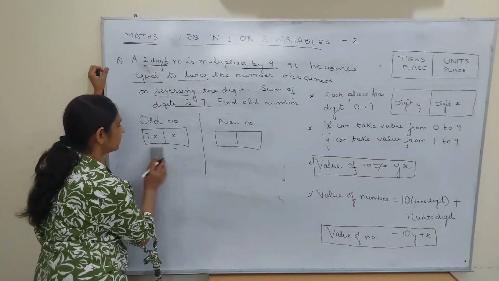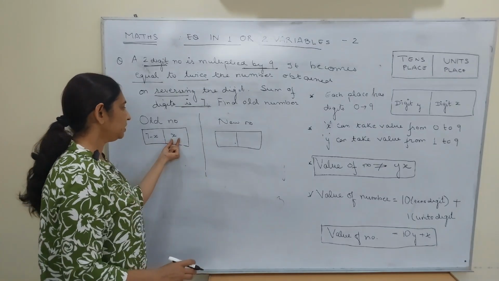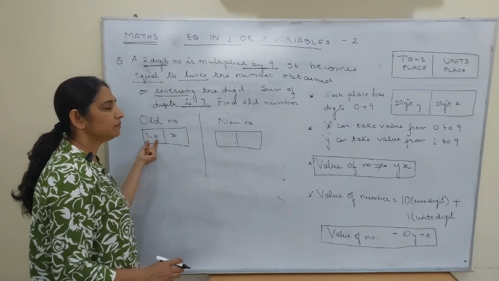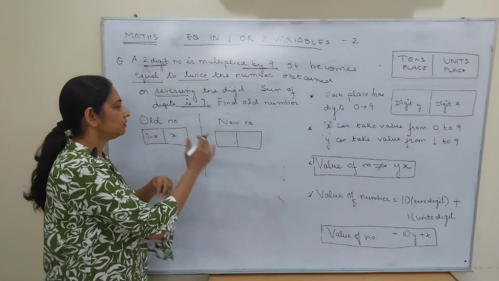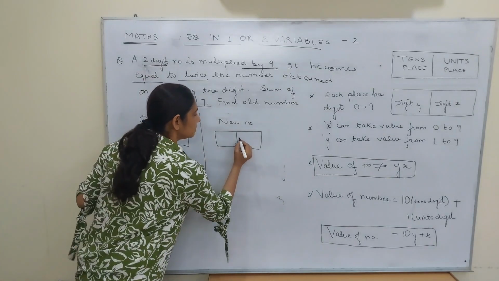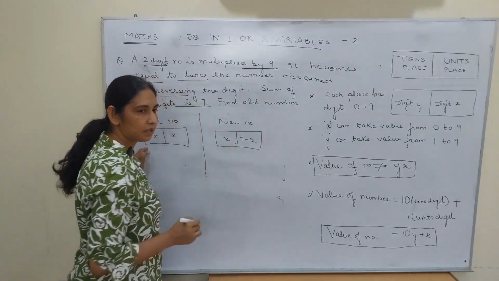Is this clear? So whenever they say the sum of digits is this, one of them you take as x and the other will become 7 minus x. Now on reversing the digits, what will happen? This will become 7 minus x and this will become x.